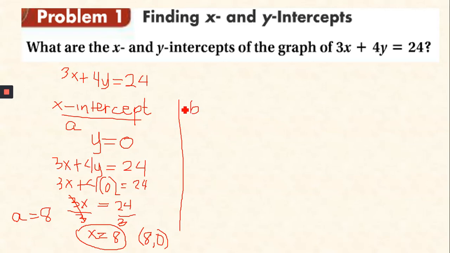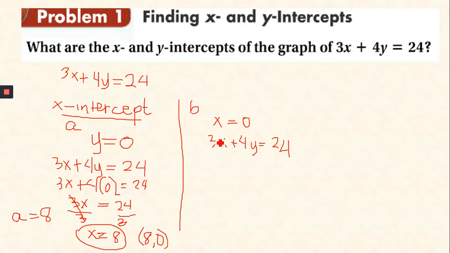Okay, this time we're going to find your y-intercept. In finding your y-intercept, you have to assign x equal to 0. Okay? Going back to the original equation, 3x plus 4y equals 24.